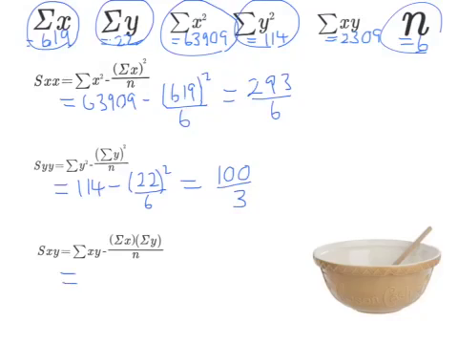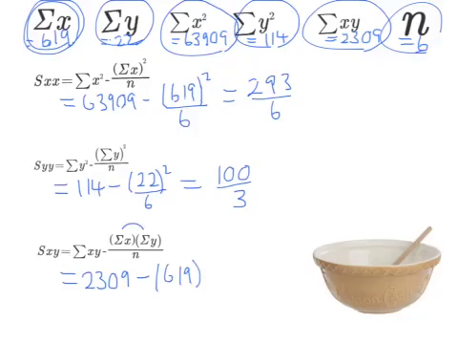SXY is the sum of XY, which is 2309, minus the sum of X, 619, times the sum of Y, which is 22, all over N, which of course is 6. I am getting that out as 118 over 3, which again you should give as a decimal.